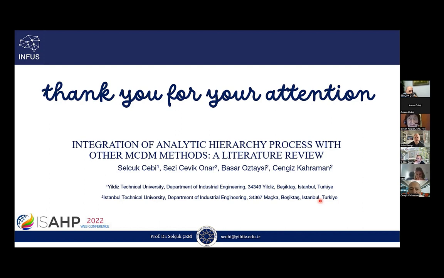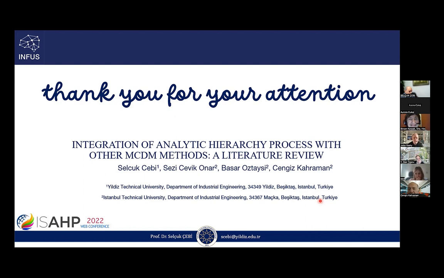Yes. The main difference of the outranking methods is that it is not necessary to use logical transitivity. In AHP there is logical transitivity in pairwise comparisons, but in PROMETHEE, ELECTRE, and ORESTE methods, we do not need it.